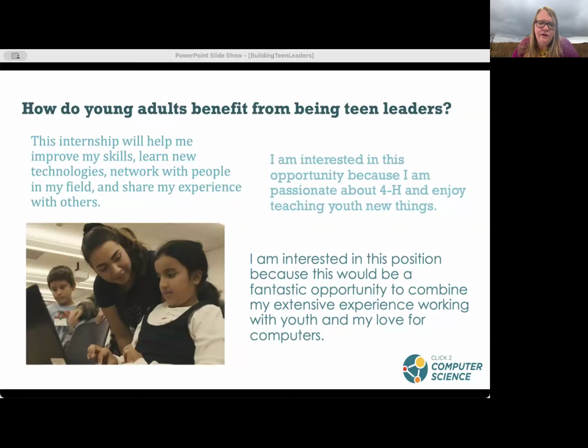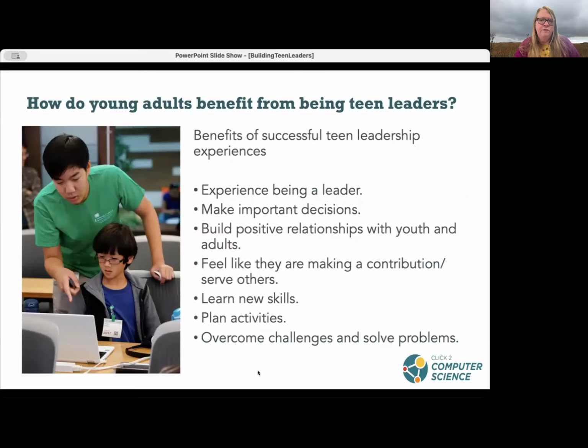But they're developing other skills as well. It's not just about their passions, but they're also building relationship skills, communication skills, leadership skills. And I think those are important as well.